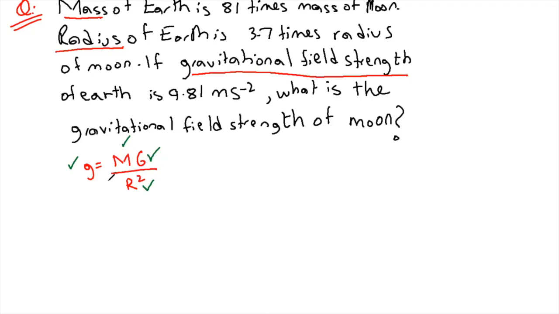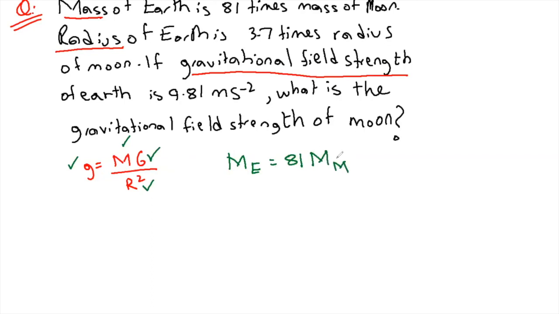I mean, there's a lot of methods to solve it. Now, let's try to write our data in better, easier terms. So mass of the Earth, let's write ME. Mass of the Earth is 81 times mass of the Moon, so 81 MM.